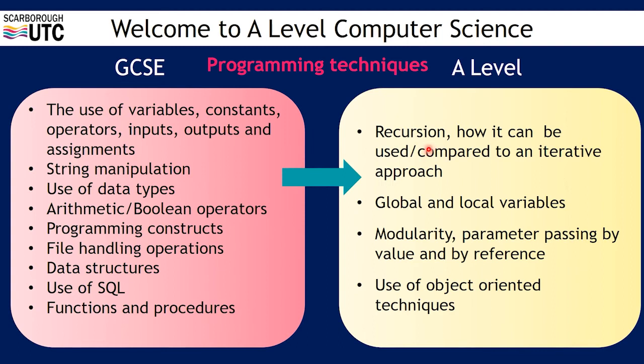And you also need to know how that's compared to an iterative approach, and which way is better, and you need to be able to explain the differences of those. You need to also understand what the differences are between global and local variables, modularity, parameter passing by value and reference. And this one here is really important. I mean, everything's important, but this one here you'll need practice with.